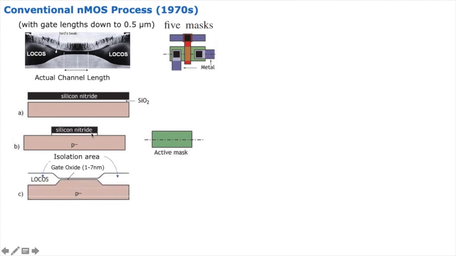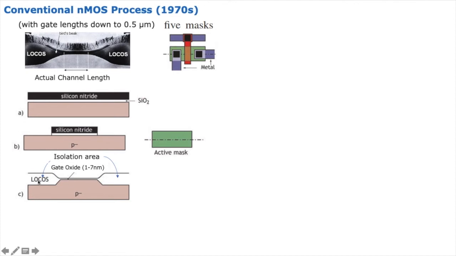Now you oxidize. The whole thing will be oxidized, but this part is protected by silicon nitride, so it will not be oxidized. Only the exposed part will get oxidized, and then you grow the oxide layer. And this one is essentially the very thin oxide layer that you normally use as a gate.